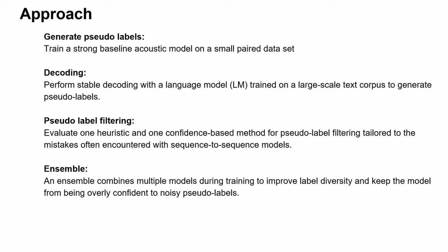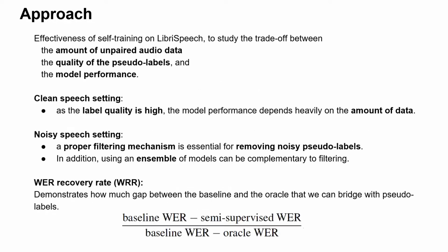And then in the ensemble, you combine multiple models to improve label diversity, and also keep the model from being overly confident on noisy pseudo labels. So the ensemble will help in those particular situations.